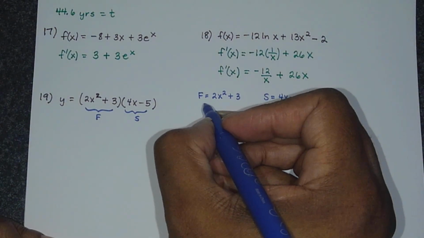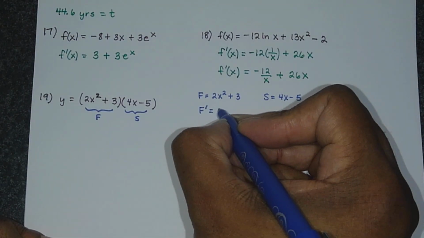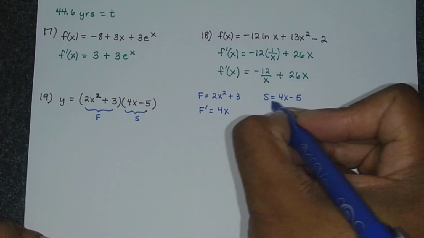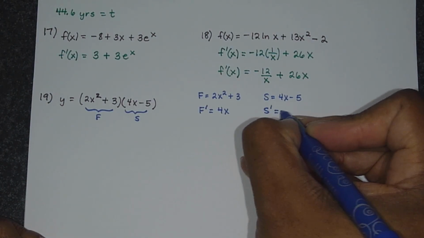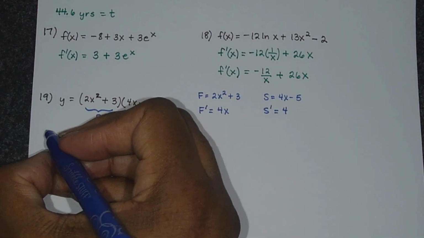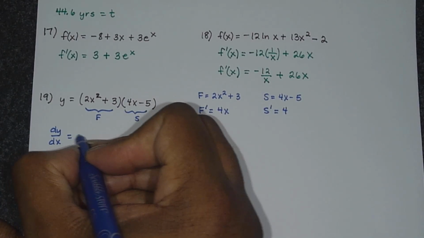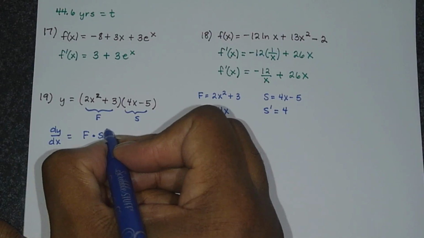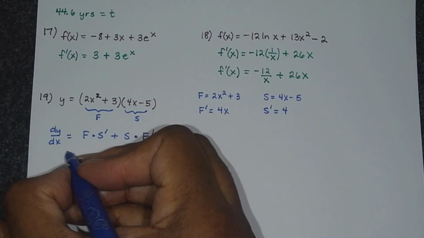If the first is 2x squared plus 3, what would be the derivative of the first? 4x. And the second is 4x minus 5, so what's its derivative going to be? 4. So dy dx, I will write out as first times the derivative of the second plus the second times the derivative of the first.